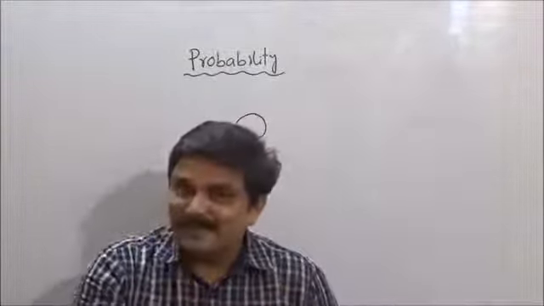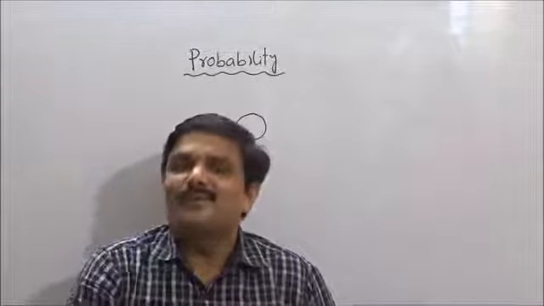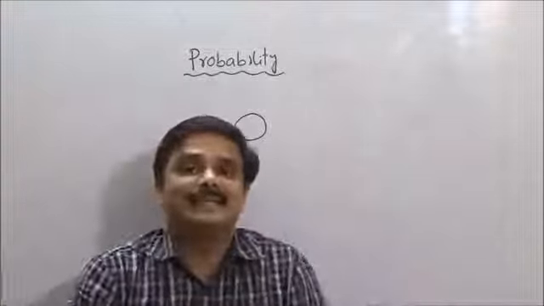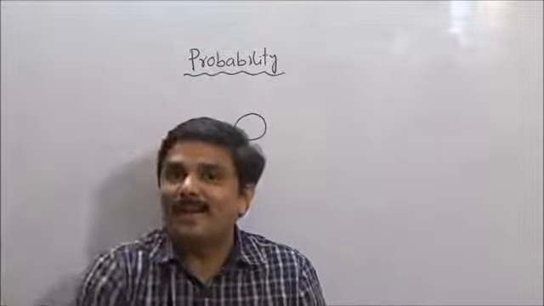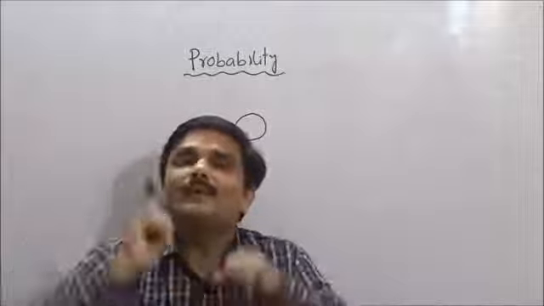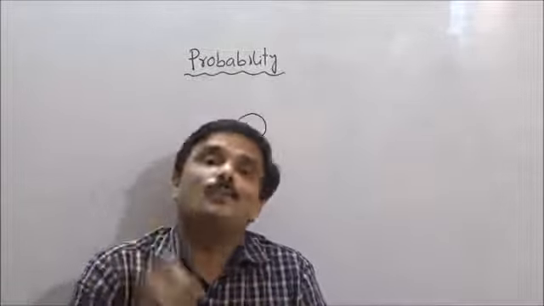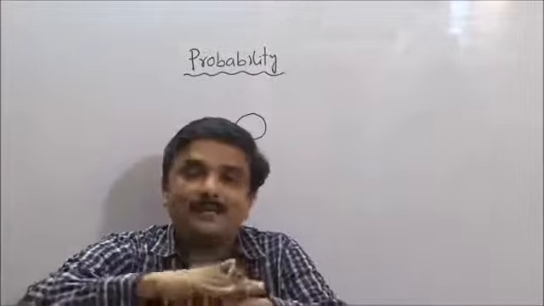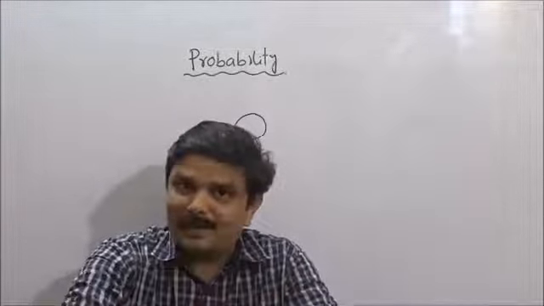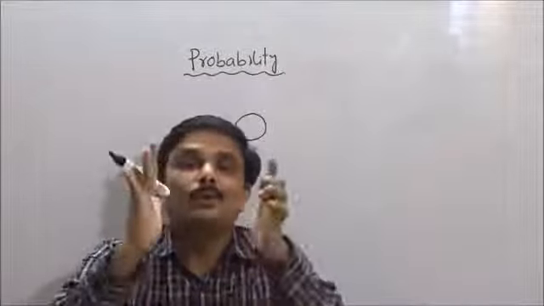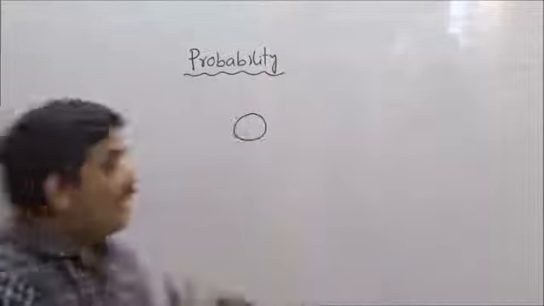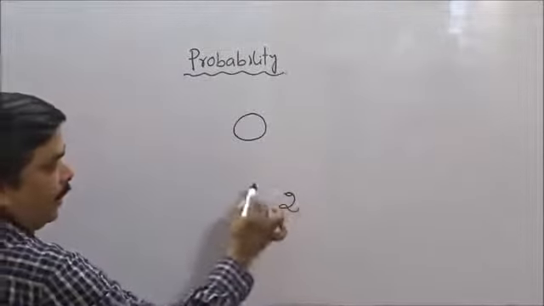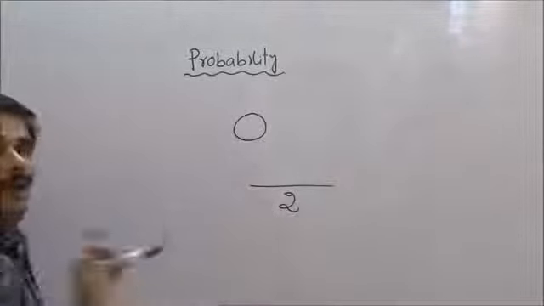Thinking in the sense, how to think over for this one. First of all, you should know what are the various possibilities. Once you toss a coin, being on the top, what are the various possibilities? There are two possibilities. One possibility, there may be heads on the top, or the other possibility, tails on the top. So two possibilities are there, and these are called the total number of possible events.